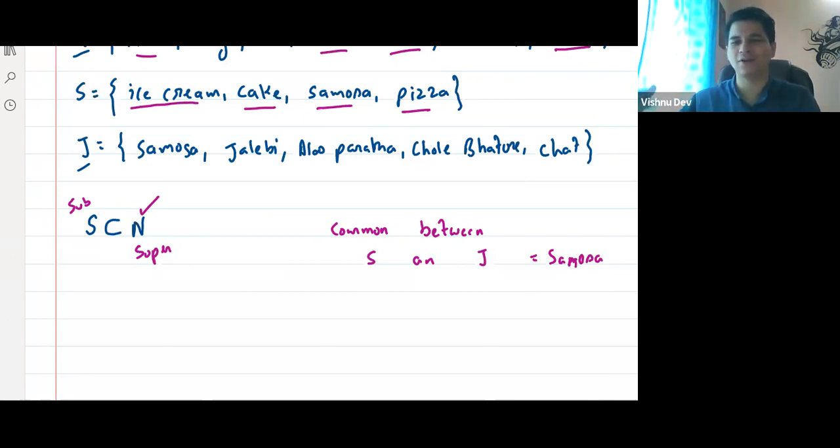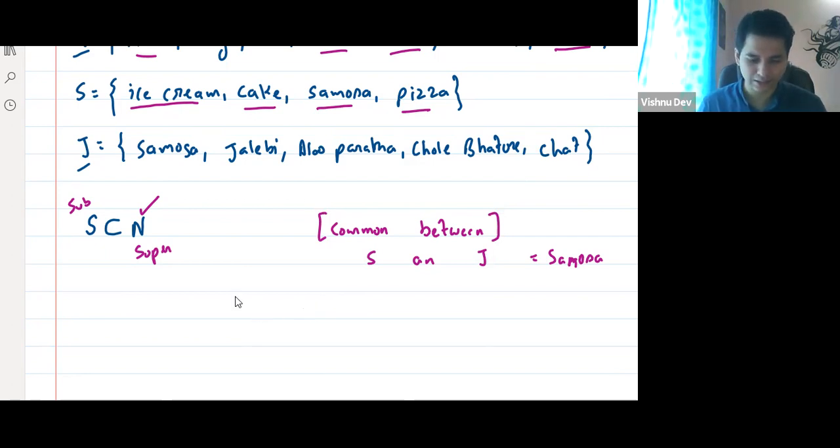So we can write what is common between S and J. There should be some mathematical representation for common elements. The mathematical term which is used to represent common elements, meaning same elements between two sets, is called this.